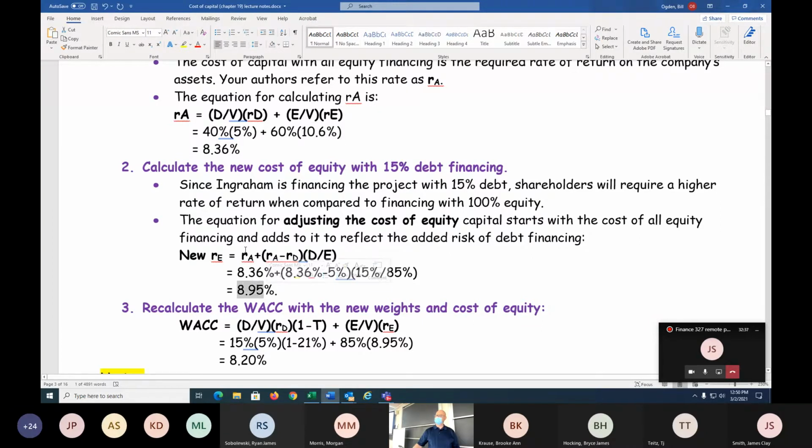So that's going from 40% debt down to 15% debt. So they've reduced the cost of equity from 10.6 down to 8.95. See that? And let's keep going down the ladder. What happens if it goes to no debt financing?